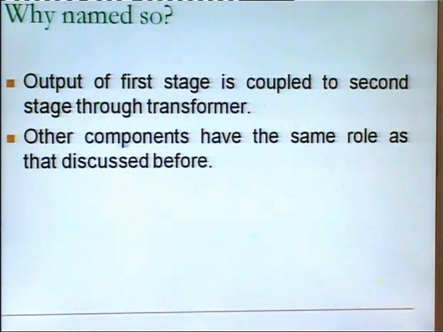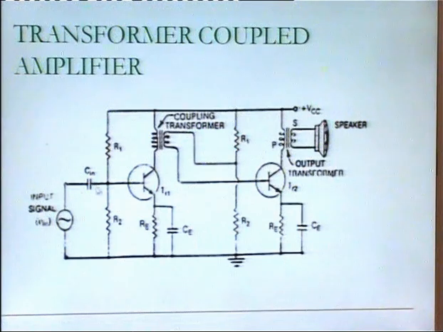Now, other components have the same role as discussed before in the RC coupled amplifier, that is your resistances, capacitor C in and capacitor C e. Again we will have a revision for that. Capacitance C in, R1, R2 and Re provide the biasing and stabilization.